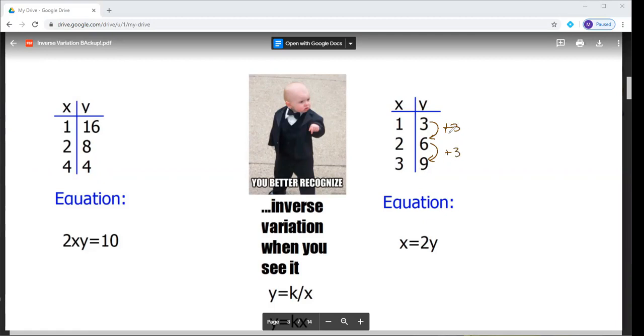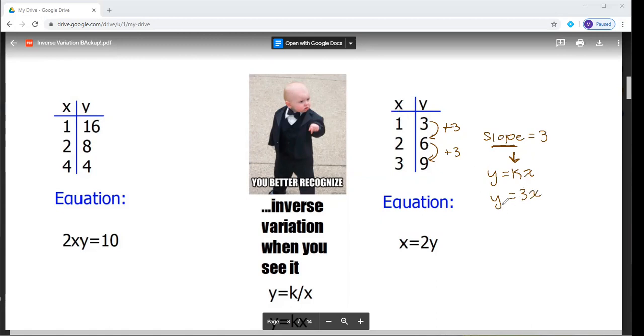So we know that we have a slope of 3 in this case. So we know that if this is some kind of variation and we have some kind of slope, then what we're dealing with is direct variation. We're looking at y equals kx. And since we know that slope is also, in direct variation, our constant of variation, we can say that this line is y equals 3x.